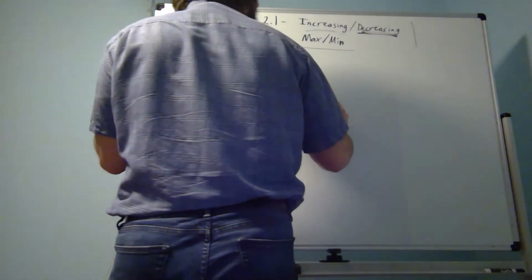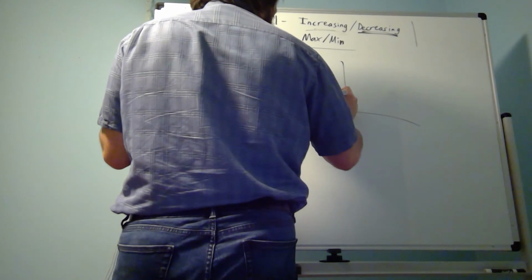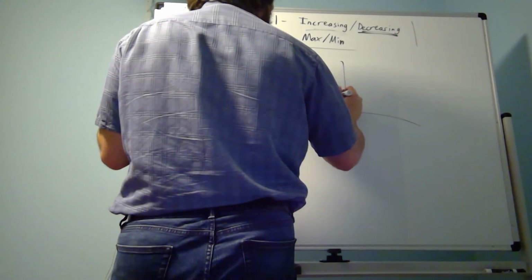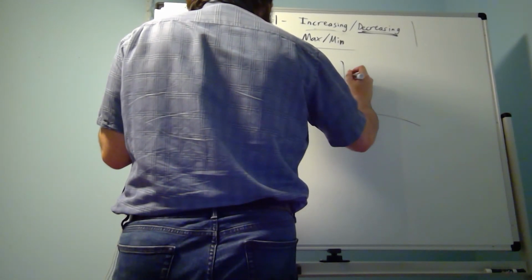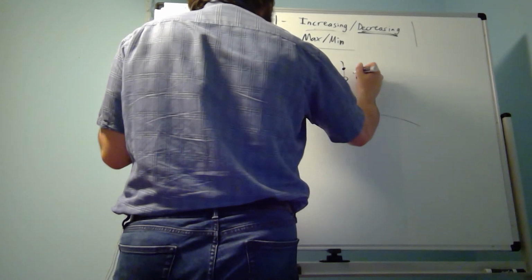And I'm going to give it to you just as this problem. I'm going to write it out as just a picture. And I'm going to do something a little bit weird here.